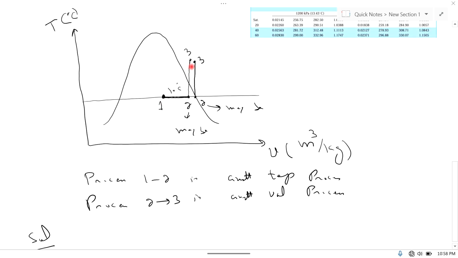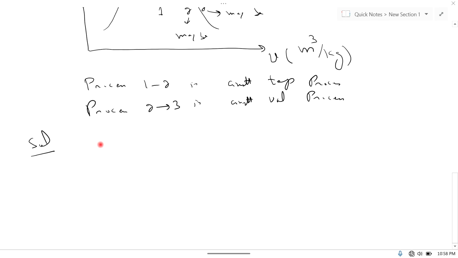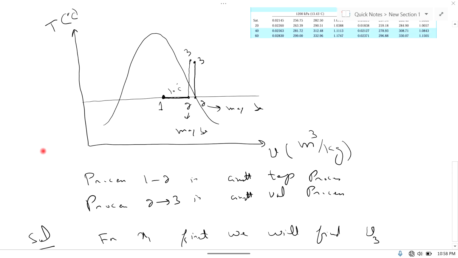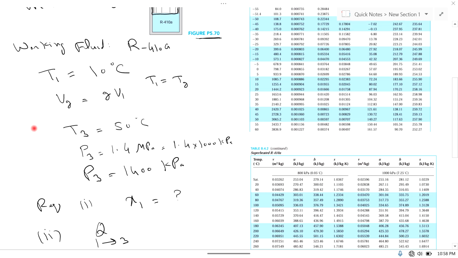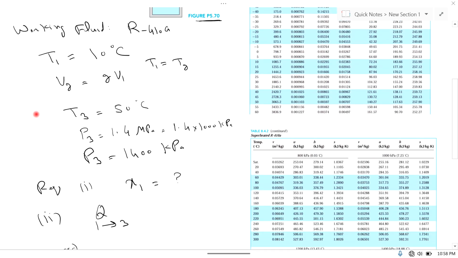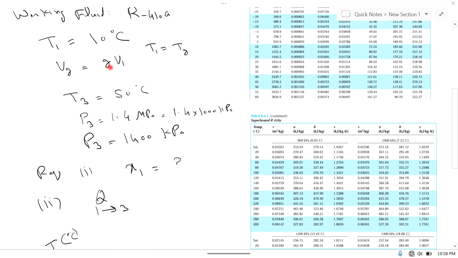For X1, first we will find V3, because from V3 we can find V1, as V2 is equal to 2V1 and V2 is equal to V3. Second process is a constant pressure process.